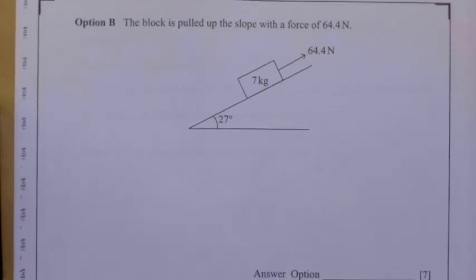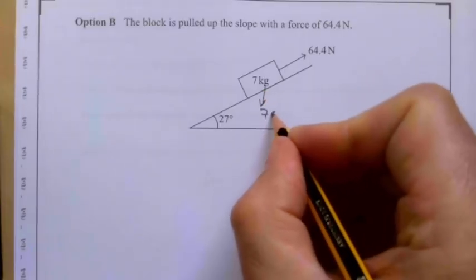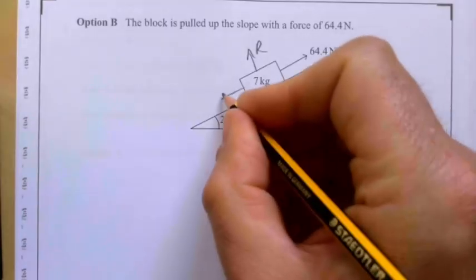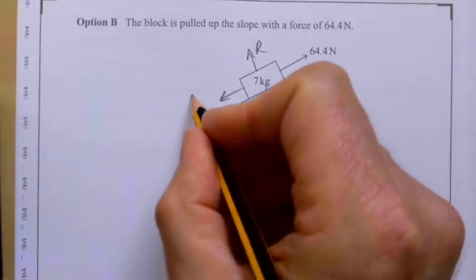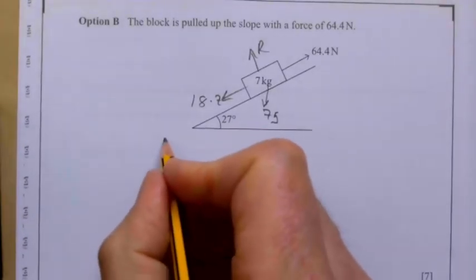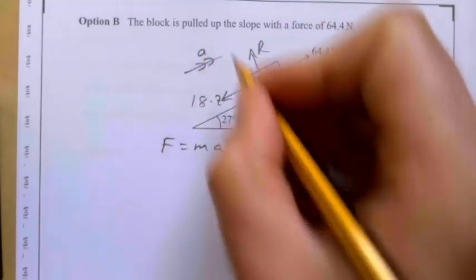The block is pulled up the slope with a force of 64.4 newtons. So what forces do we have acting here? The 7g still acts down. The normal reaction is still in place. And now the friction, remember, is going to go this way. So that's my 18.7. We'll have an acceleration heading this way.